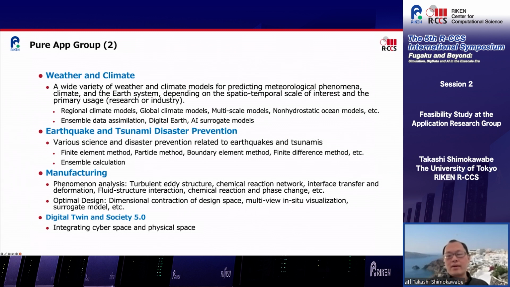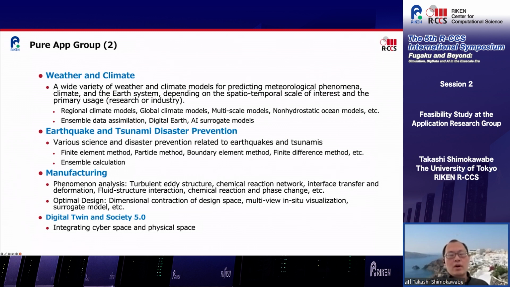Depending on the spatial and temporal scale of interest and the primary usage, that is, the research purpose, the industrial purpose, or the forecast purpose, they will provide about 7 models for benchmark construction. In addition to the data simulation, there is the collaboration with AI and machine learning.